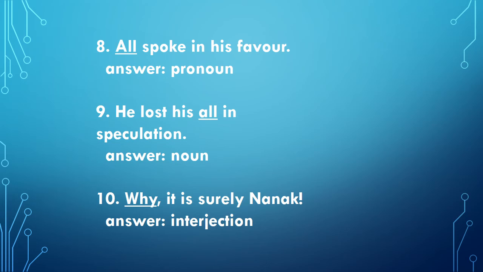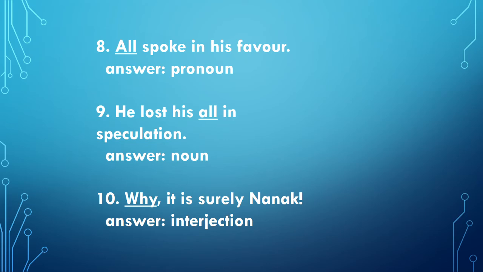Number 10. Why, it is surely Nanak. Why is an interjection over here? It's so funny that all along we knew why is an interrogative word, but why can also be used as an interjection. If you would remember, we had studied that interjection is a word which expresses some sudden feeling or emotion.